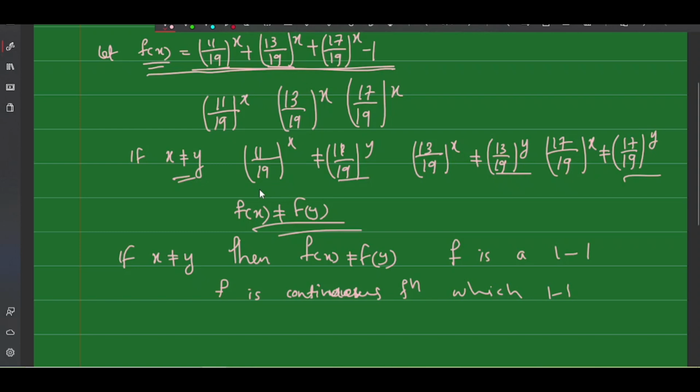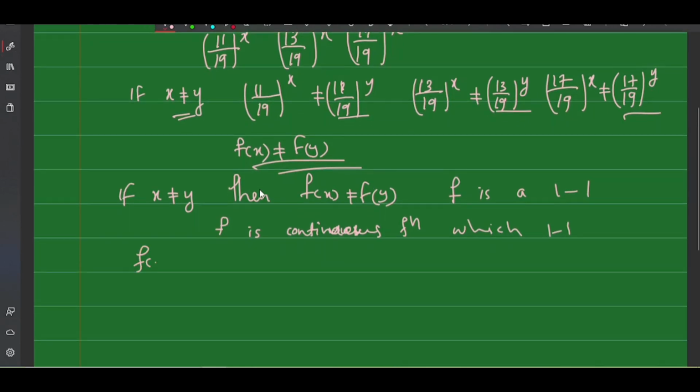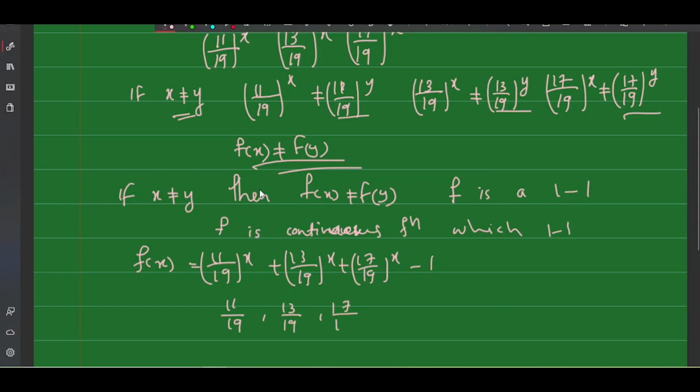For that, here f of x is equal to (11 by 19) raised to x plus (13 by 19) raised to x plus (17 by 19) raised to x minus 1. Now look at 11 by 19, 13 by 19, 17 by 19.